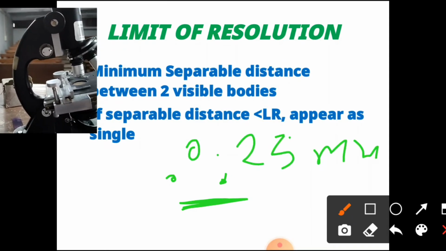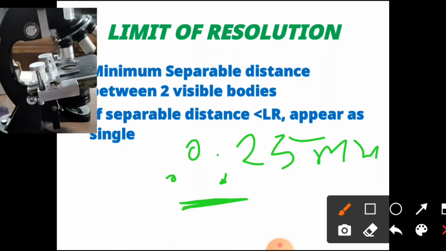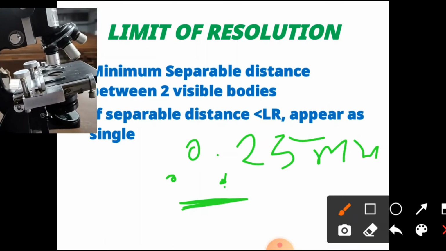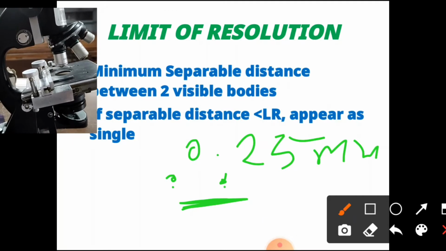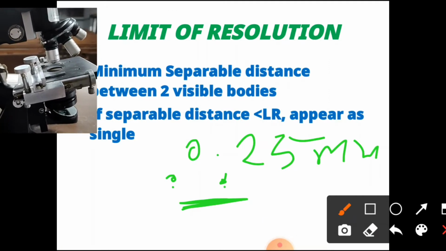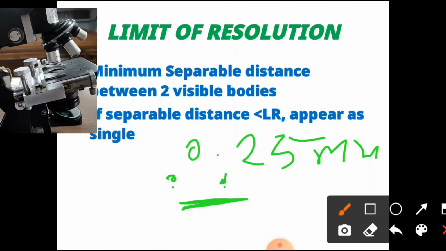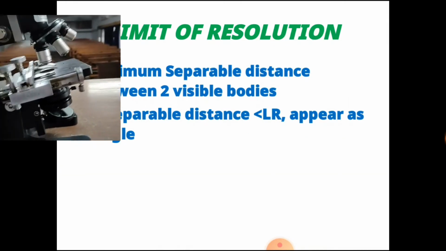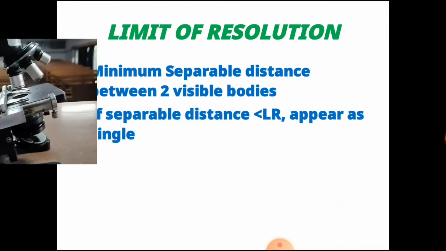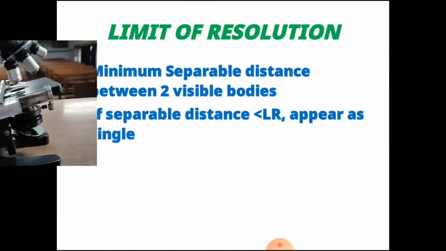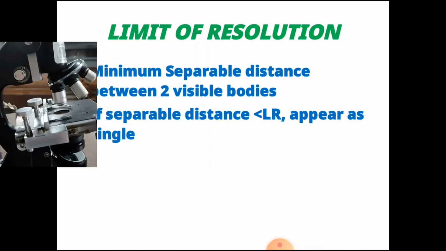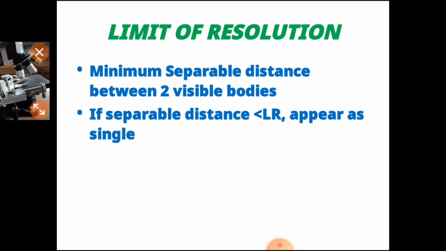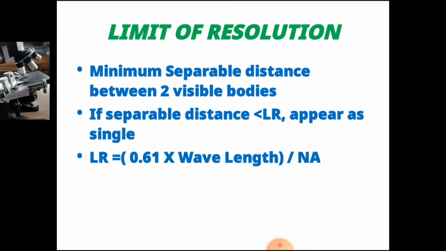Now, if these two dots are present at less than 0.25 millimeter, then the two dots appear as a single dot. So if the separable distance is less than the limit of resolution, it appears as a single dot.